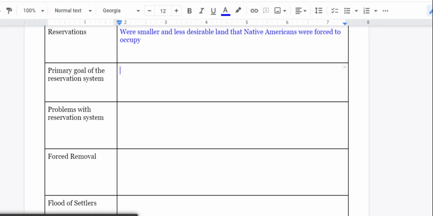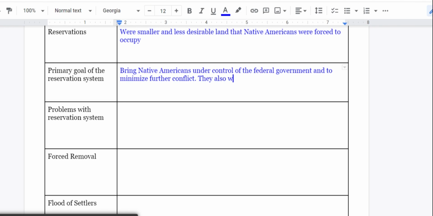Well, this is on page 91, and the main goal of the reservation system is to bring Native Americans under control of the federal government and to minimize further conflict.